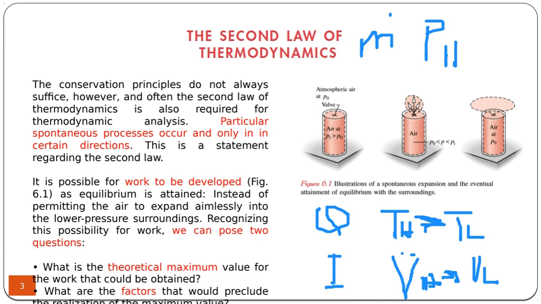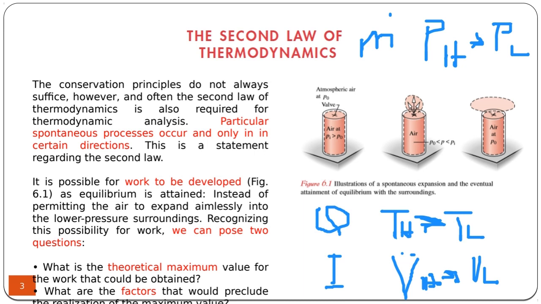So any physical phenomenon is always from something high to something low. This is actually the statement of the second law. The processes, the thermal processes, occur in a direction which is from high temperature to low temperature.